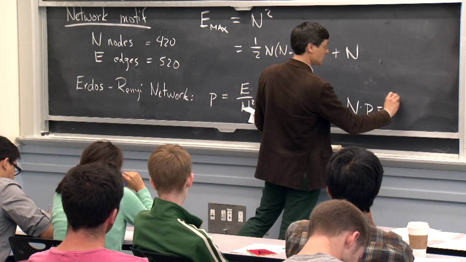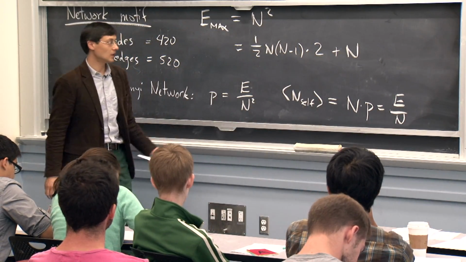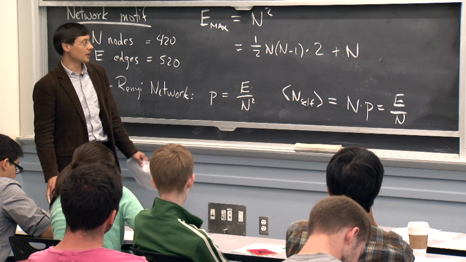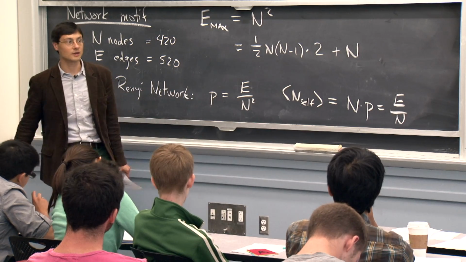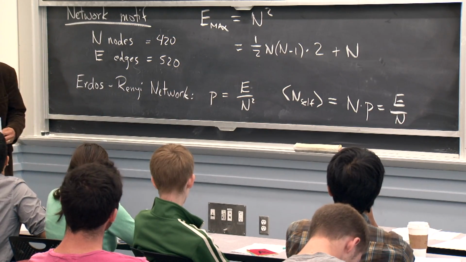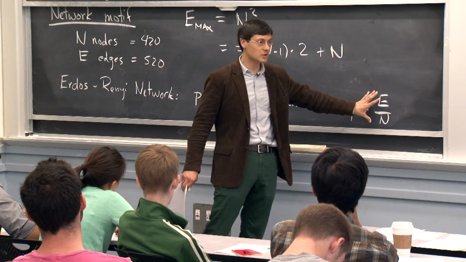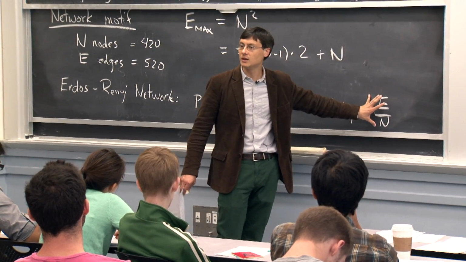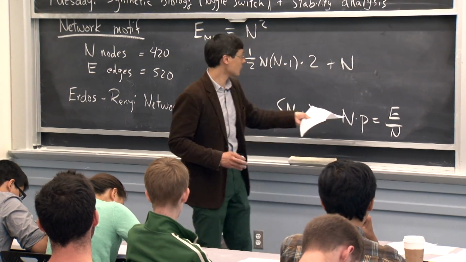And this gives us E over n. There are multiple ways of counting. But in an Erdős-Renyi network, you would expect to get roughly E over n autoregulatory loops. And this is of order 1.